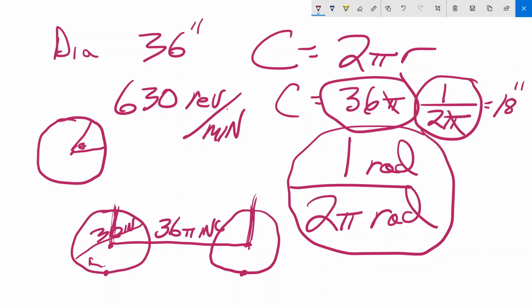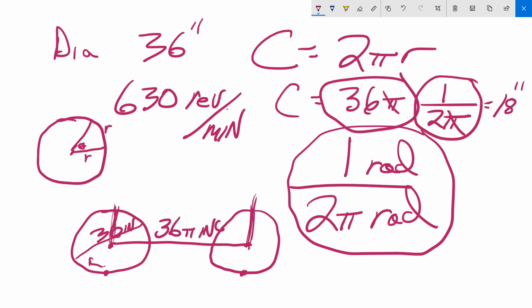Okay? Now, why is that angle 1 radian? Because that is the precise angle where the radius equals the length of that arc. So if I have a radius of 18 inches, then 1 radian cuts out an arc of 1 radius.